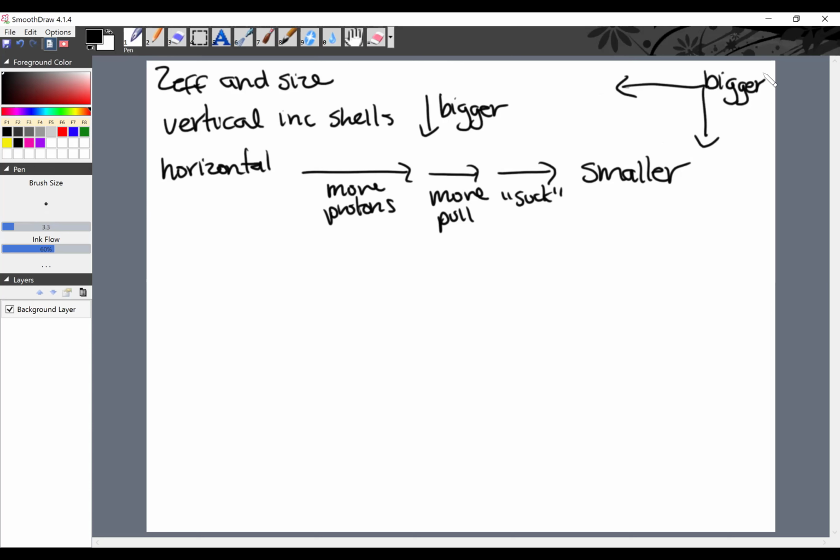But the key is, do you understand why that works? If you're in the same shell, if you're horizontal, it depends on how many protons are in your nucleus. But if you're in different shells, it's just how far away you are from the nucleus. All right, so that's going to explain size.